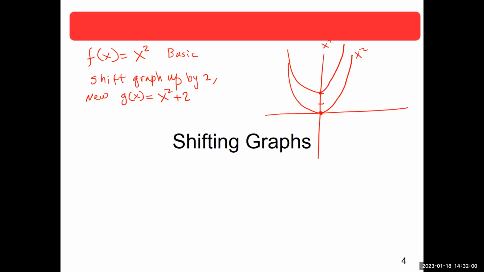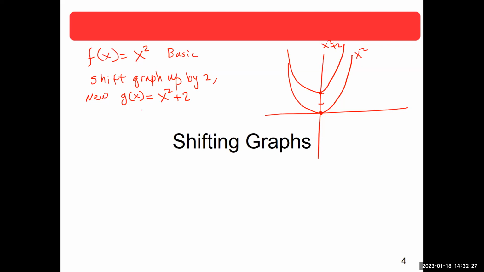This is x squared plus 2. All I did was move the vertex. Basically, all the shifting is going to happen to the vertex. Well, it's going to be for every point, but the easiest one to move is the vertex. So each value of y is going to have 2 added to it. That's shifting up by 2.